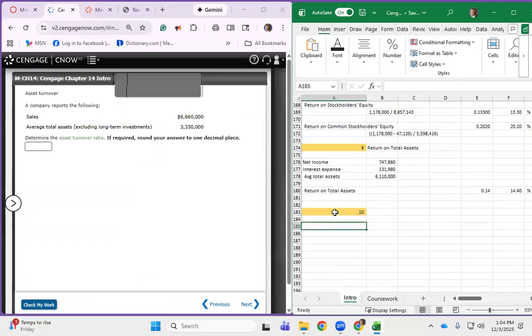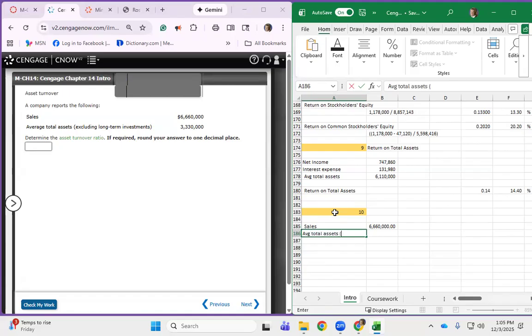Okay, so let's put sales down. 6,660,000. And we need average total assets. Now notice they are taking out long-term investments. So they've already done the math on that, but if we have to do the math, we are going to have to remove any long-term investments.